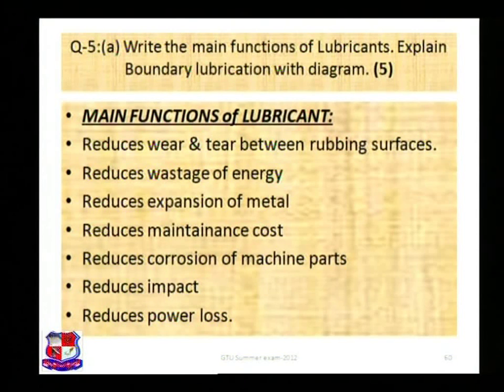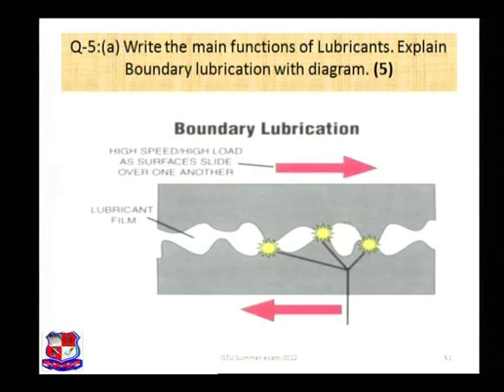Let us proceed ahead to explain boundary lubrication. You can see the diagram given for boundary lubrication. That is, there is a lubricant film, and a high speed load is going on above the surface, and how it is actually going to act is in the diagram. Let us try to describe.